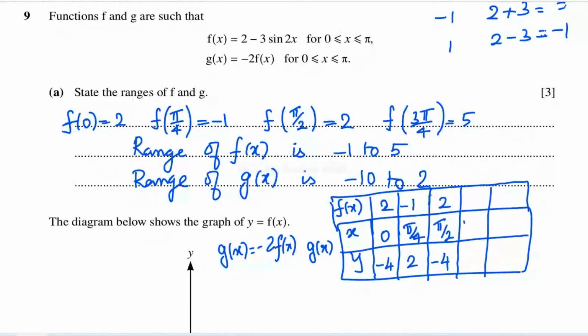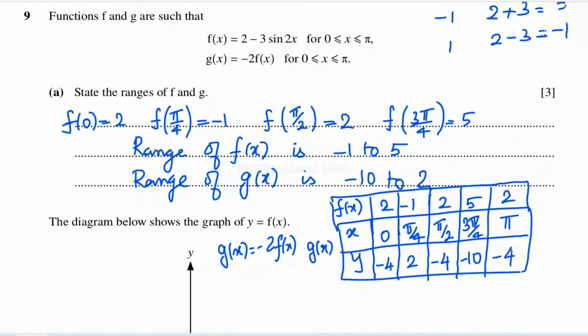At 3 pi over 4, it is 5, and here 5 multiplied by -2, it will be -10. And when x is pi, this will be again 2. 2 multiplied by -2 is -4.